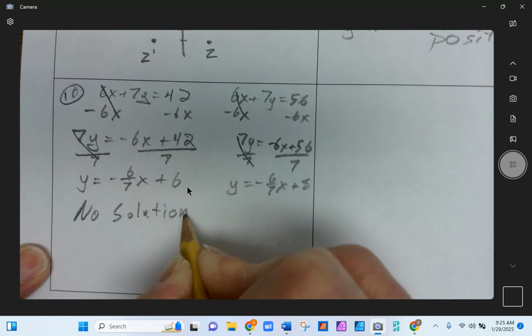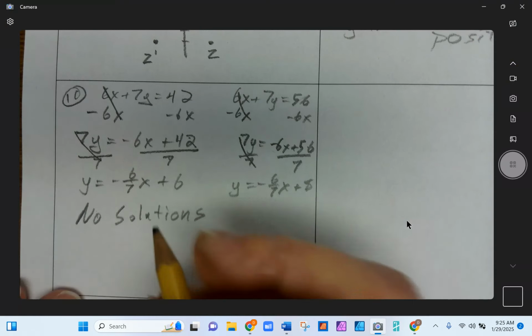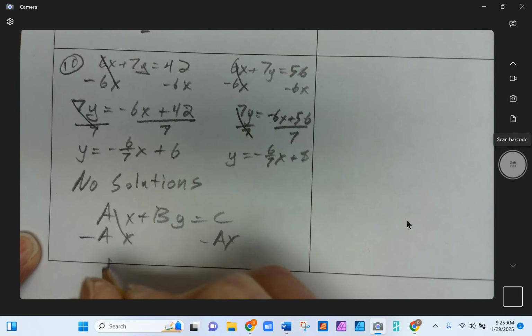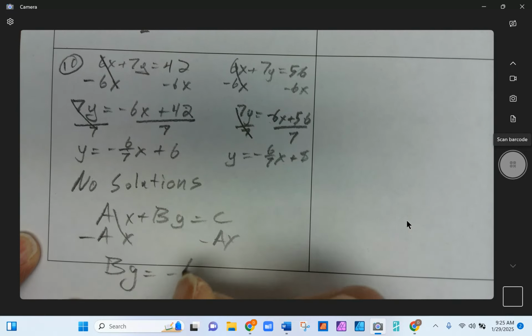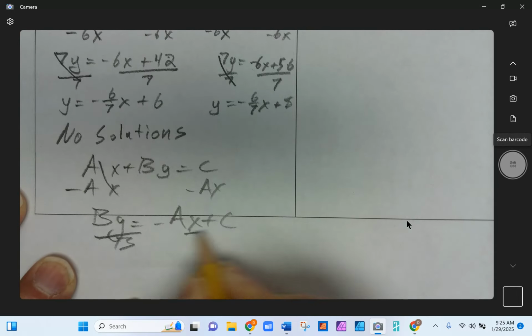And a more general way to do this is if we look at this ax plus by equals c, you do the same thing. Ax plus by equals c, you'll subtract the ax from both sides. Cancel it out here. You've got by equals negative ax plus c. We'll divide by that b on both sides.